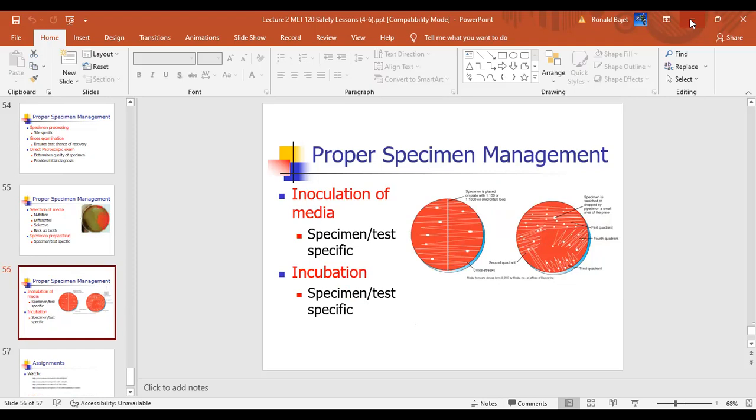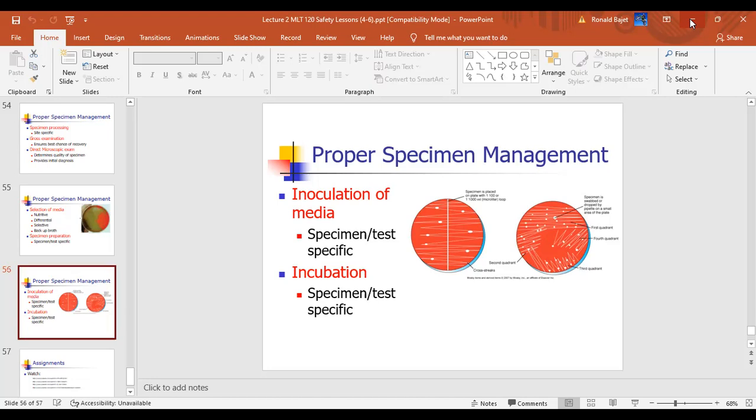So that's how you inoculate for urine. And the one on the right is for regular culture, whether it's a wound or respiratory, that's how you streak for culture.